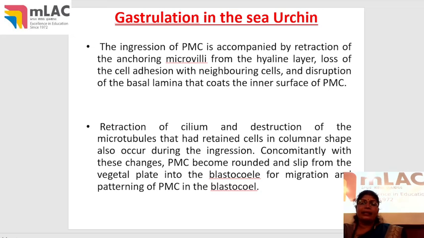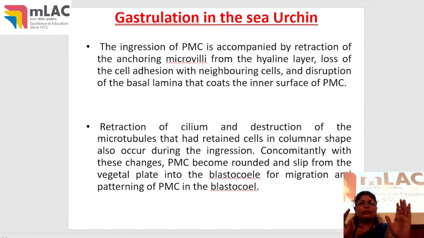Here the ingression of primary mesenchyme cells is accompanied by the retraction of the anchoring microvilli from the hyaline layer. They will lose their microvilli and detach from the hyaline layer, and also lose adhesion between neighboring cells.